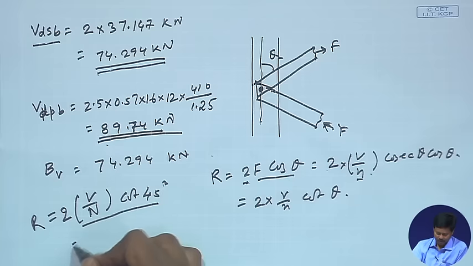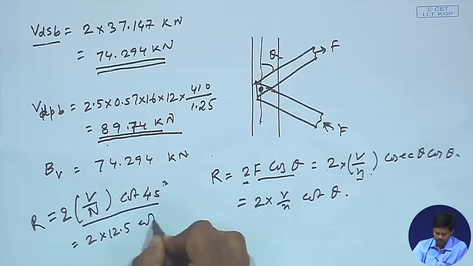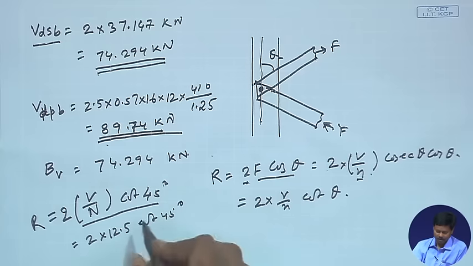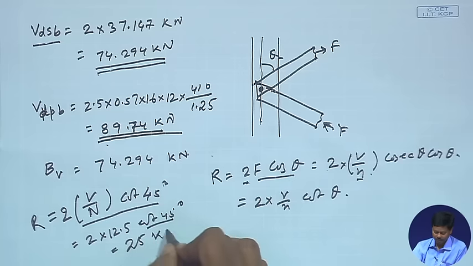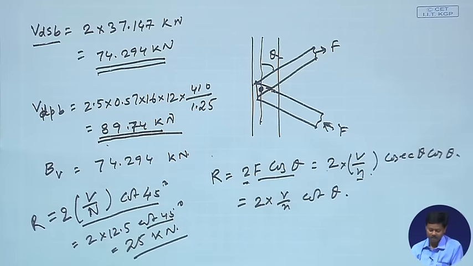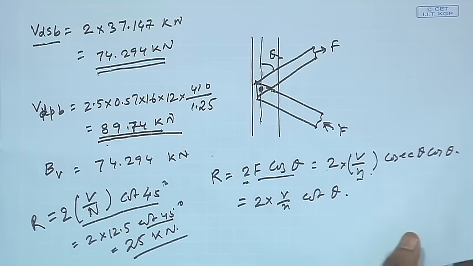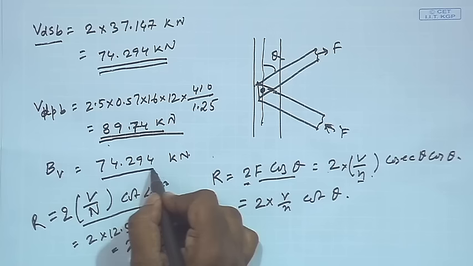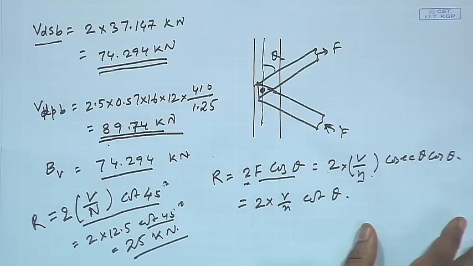Therefore, this value will become 2 into 12.5 into cot 45 degree, that means 25, cot 45 degree is 1. So, 25 kilonewton, right. So, resultant force is coming 25 kilonewton and the bolt value is coming 74.294 kilonewton.